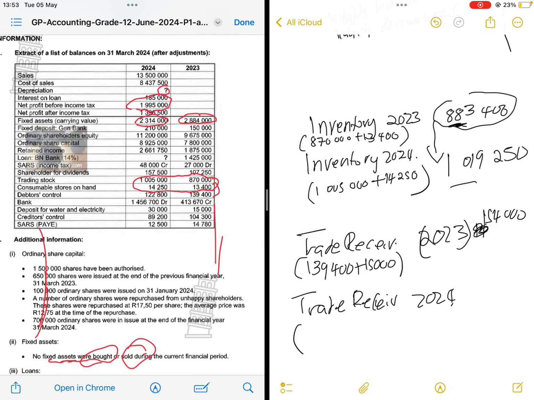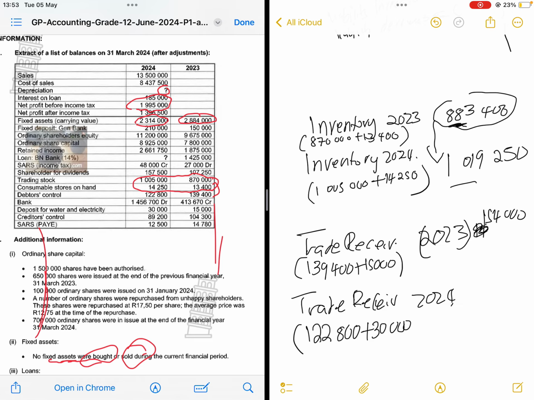So when I take trade receivable for 2024, I'm going to take the debtors control of 122,800, and therefore I have to add deposit for water and electricity of 30,000. So I'll get my trade receivable in the year 2024.